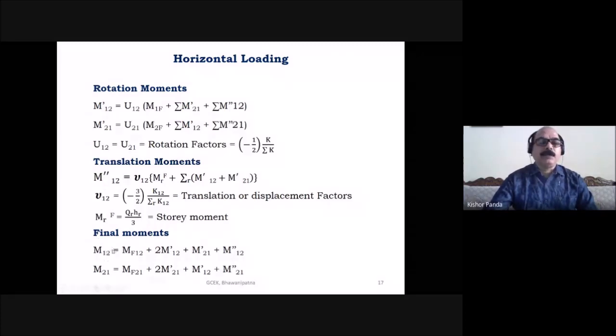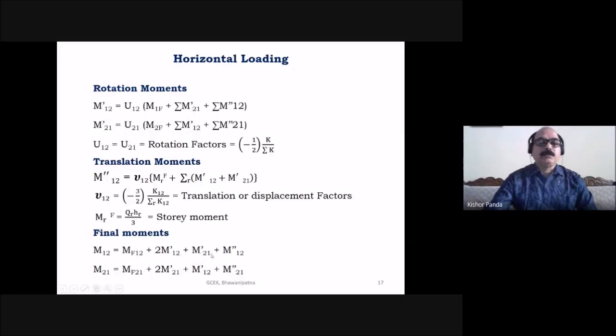So the final moment is M12 equal to MF12 plus twice M dash 12 plus M dash 21 plus M double dash 12. Then M21 is equal to MF21 plus twice M dash 21 plus M dash 12 plus M double dash 21.